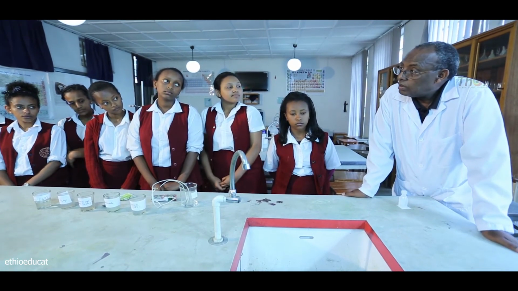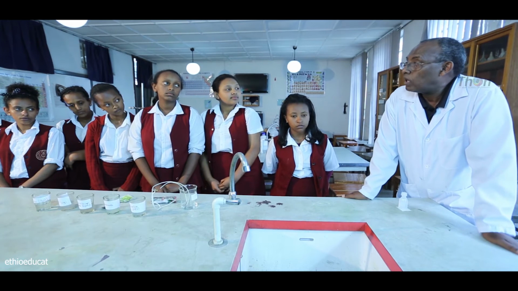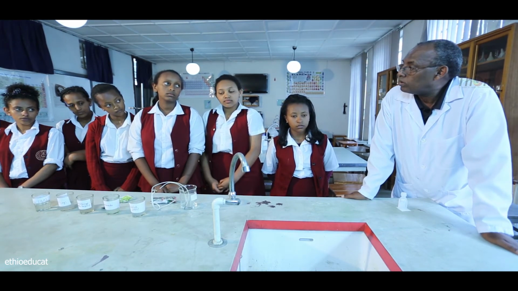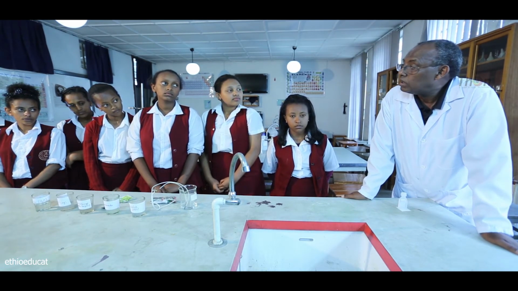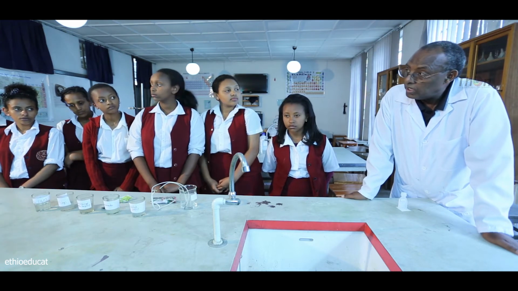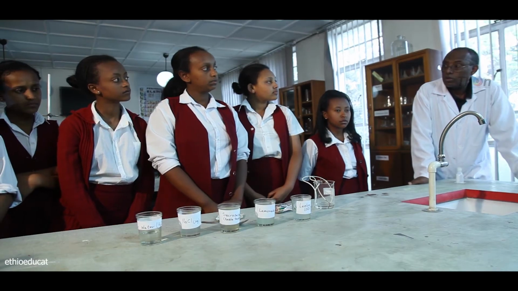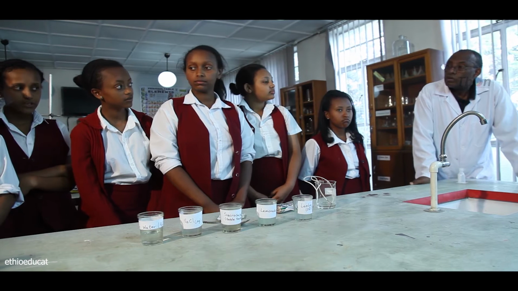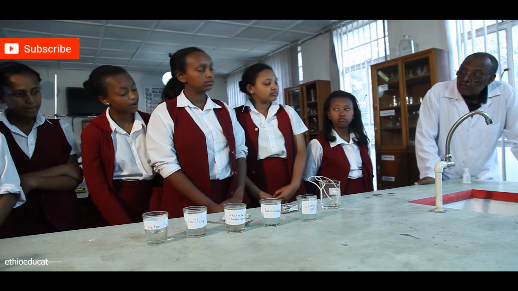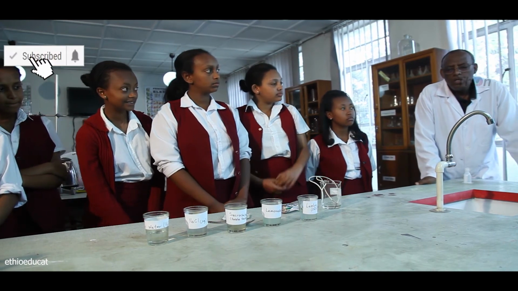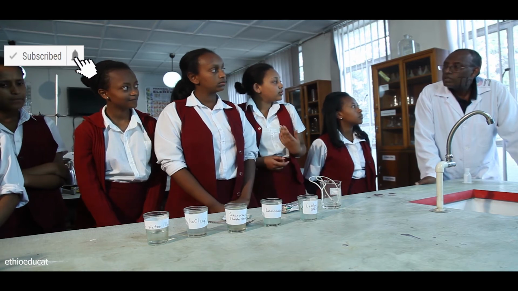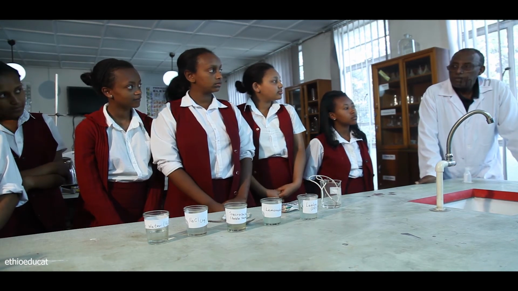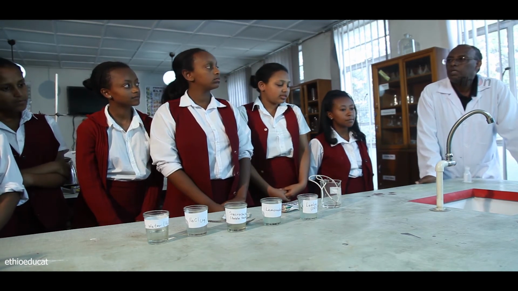But there are people who should be careful about consuming salts. What kind of people are advised not to take salts? Efrata? People with high blood pressure. High blood pressure, hypertensive people.